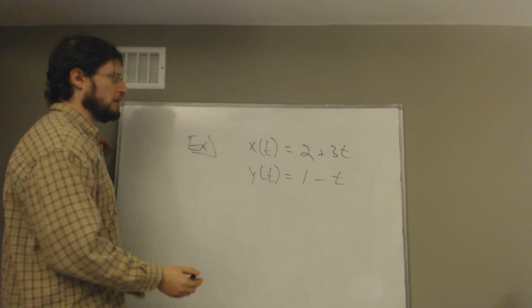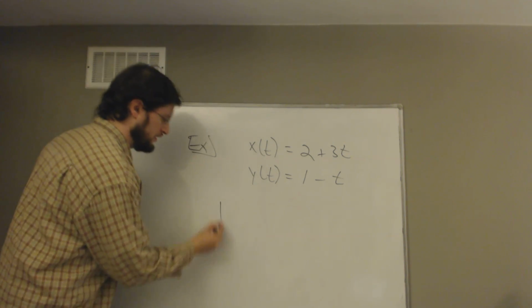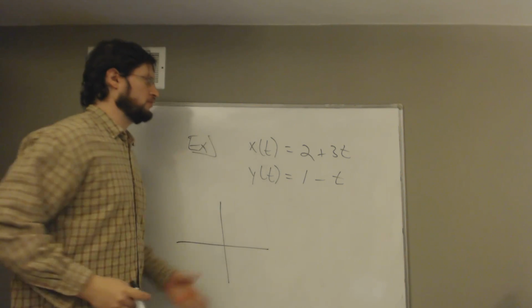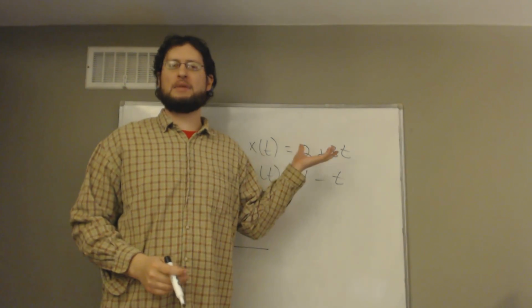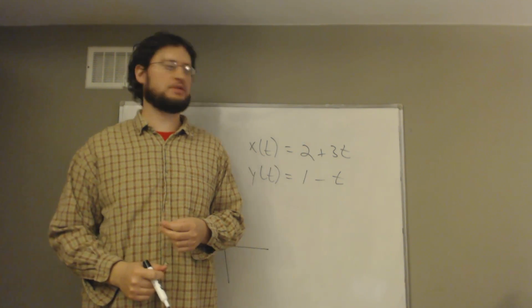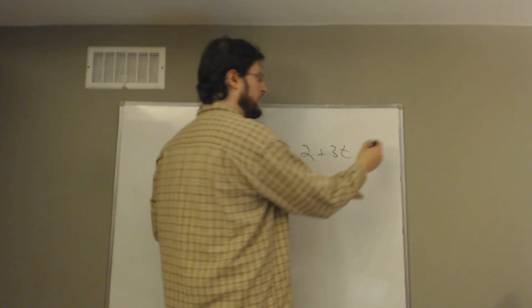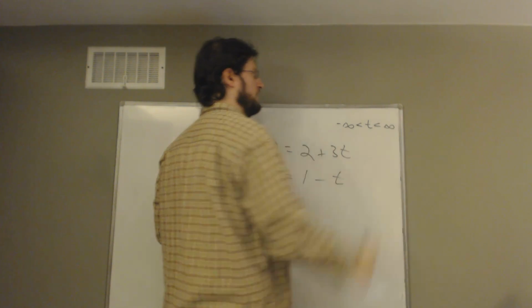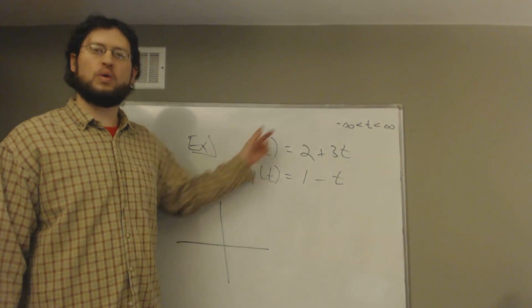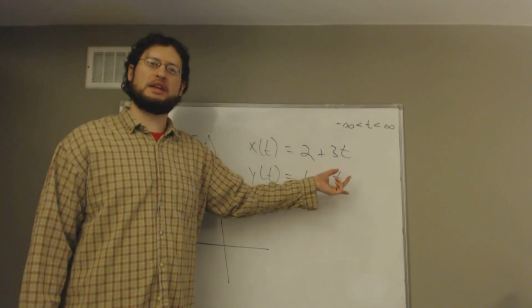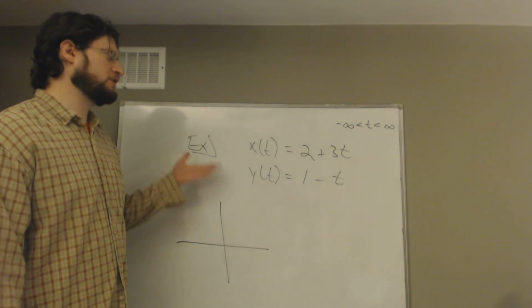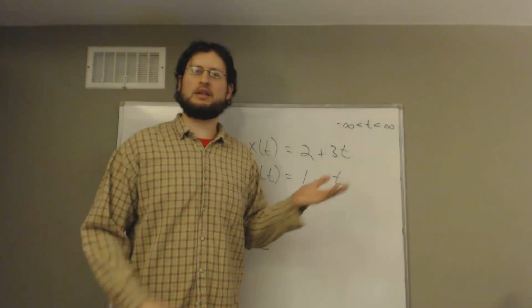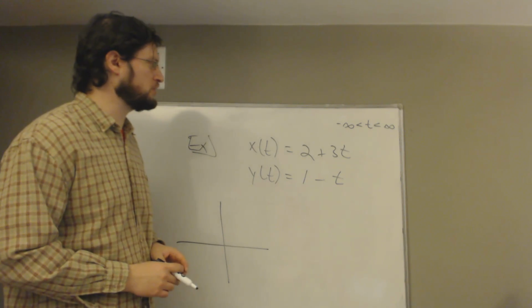All right, so let's just understand a few things about this. We can really start at any time, and we're going to allow time to be negative as well. We're going to input any t value, so minus infinity is less than t is less than infinity, and ask what shape this makes if we were to plot it. Let's just pick t equals 0 as a baseline, as a placeholder to start.